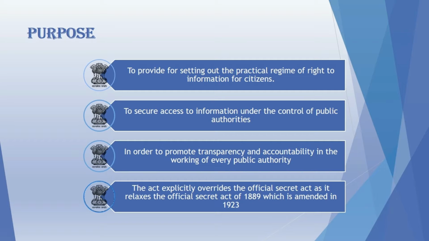The last point mentions that this act explicitly overrides the Official Secrets Act of 1889, which was amended in 1923. It is considered the oldest press law in India, and this act was overridden by the Right to Information Act. So this was the main purpose of forming this act, Right to Information, in the year 2005.